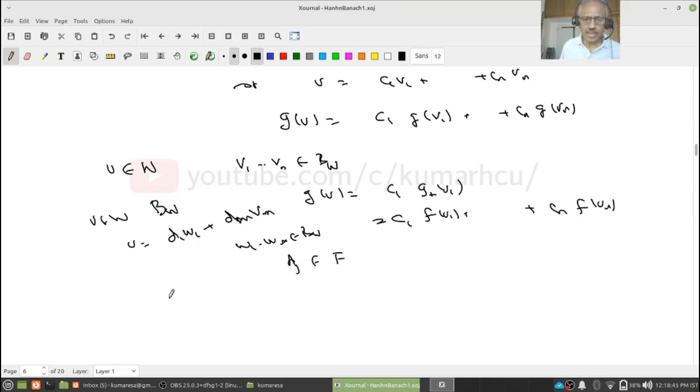But this is also equal to c1 b1 plus up to cn bn, where b1 to bn are in the basis B. But remember B_W is contained in B, therefore w1 to wm are also in B. Since this is a basis, this is a unique linear combination, which shows that m must be n, and up to permutation, each w must be some corresponding b.